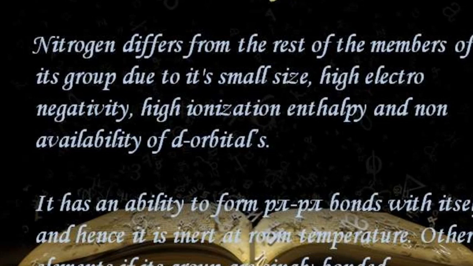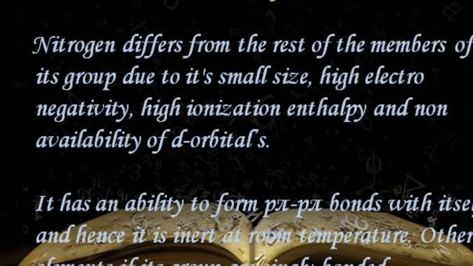Second, its high electronegativity. As we go from top to bottom, electronegativity decreases. So nitrogen has the highest electronegativity among all the elements of the group. And next, nitrogen has high ionization enthalpy, because ionization enthalpy decreases down the group.